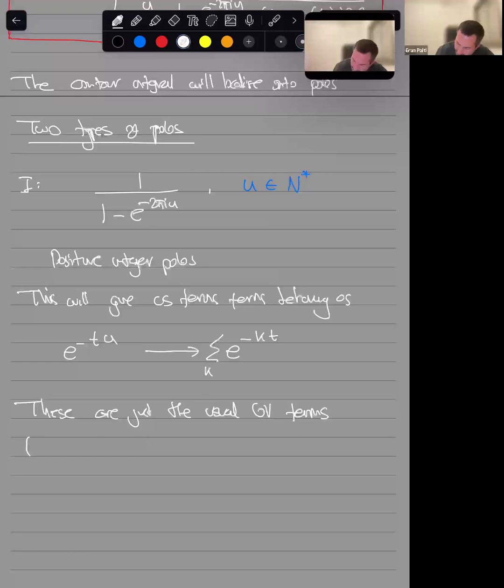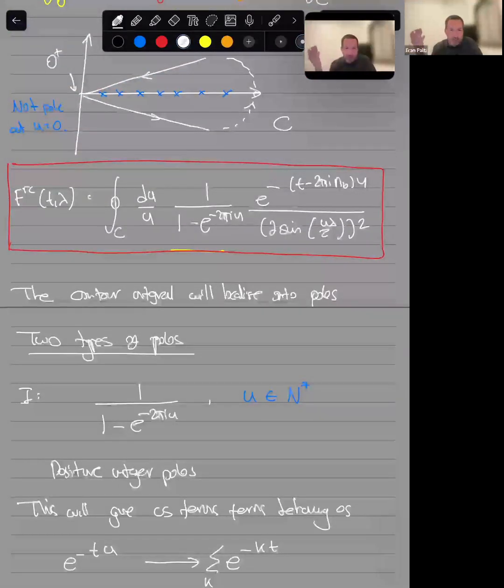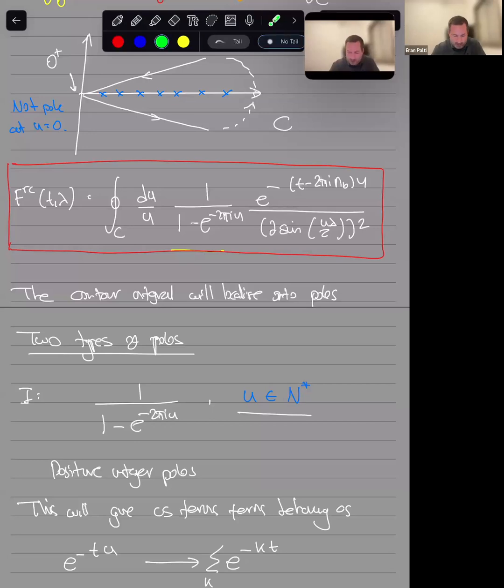If you want, these are what are called worldsheet instanton contributions. And so this reformulation of the calculation reproduces all the original results. Okay, it reproduces the Gopakumar-Vafa calculations from the poles at integer values of u. Are there any questions about that? Okay, so we don't lose any information and everything is just the same as before from those poles there.